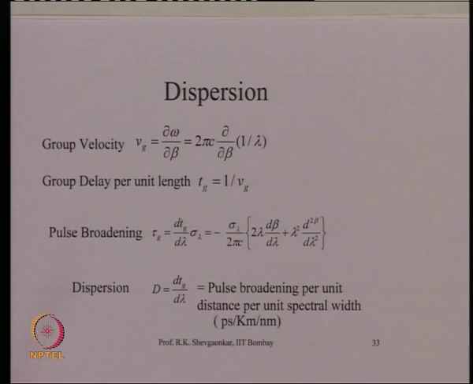So, what we are saying here is that different carriers which are modulated, they travel with different velocity, and because of that you get a pulse broadening.